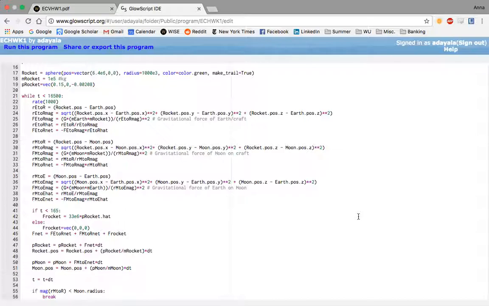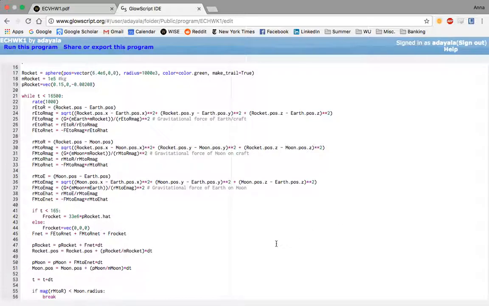And there are three different forces of gravity that I had to account for: the gravitational force of the Earth on the aircraft, the gravitational force of the Moon on the aircraft, and the gravitational force of the Earth on the Moon, which actually swings it into orbit. So these three forces were calculated using the gravitational potential energy equations, and then they were set to equal my F net.